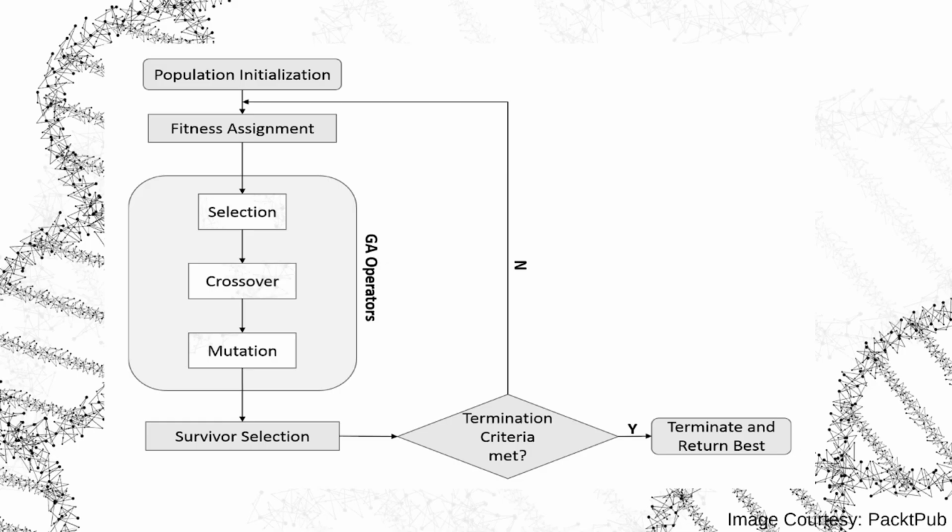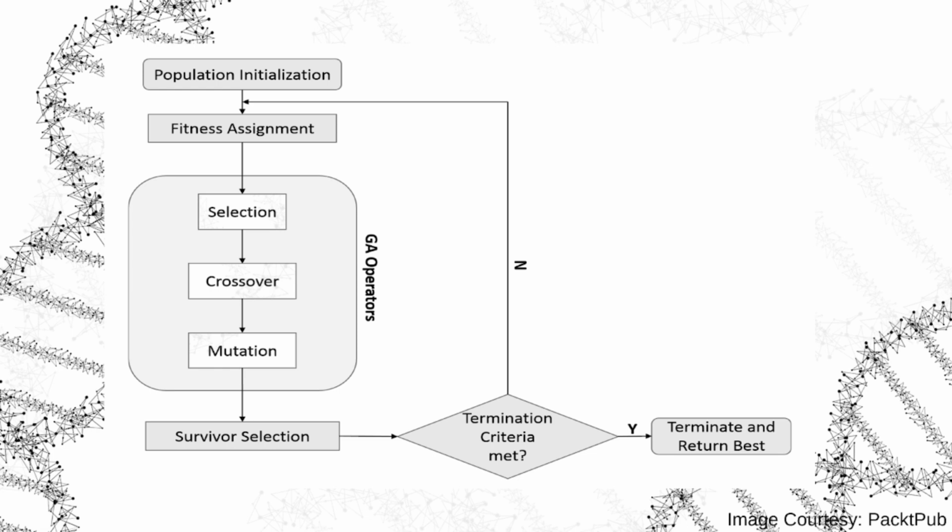Genetic algorithm follows a specific flowchart in order to solve optimization problems. The algorithm begins by initializing the population, which is evaluated using a fitness function. The fittest individuals are then selected to form the next generation, which undergoes crossover and mutation to introduce new genetic material and diversity into the population.